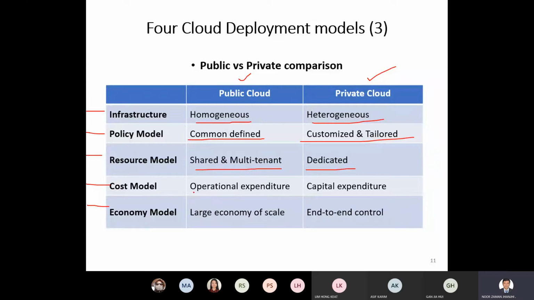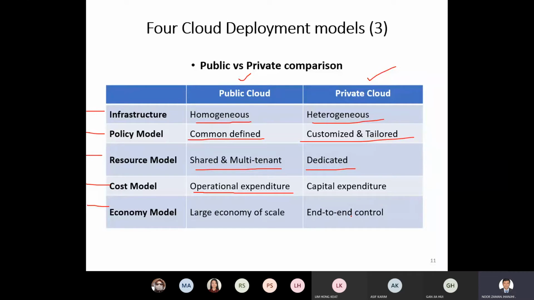Here, the cost model will be operational expenditure. Suppose Dropbox or Google will try to get more and more customers so they can get more and more money. Their cost model is like that.